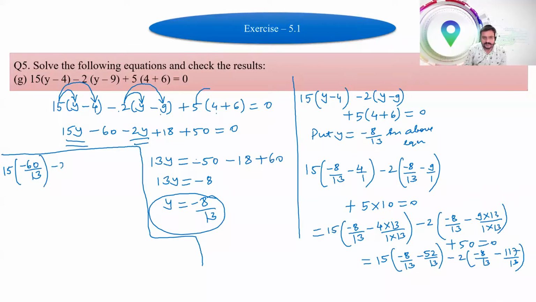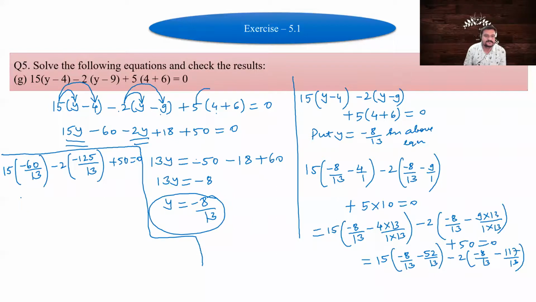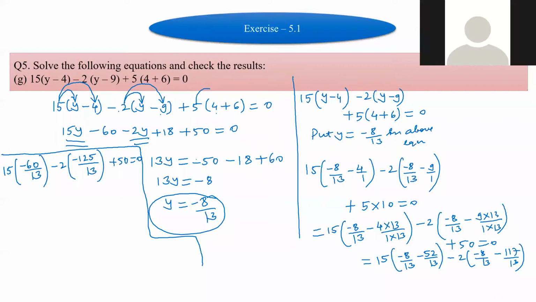Then we will write as it is, then we will do minus 8 minus 117. It is minus 125. Next, plus 50 is equal to 0. Then we multiply 15 into 60.